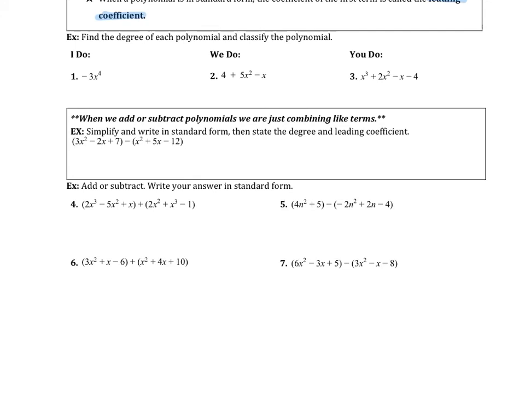Okay, so for these next 3 examples, we're going to find the degree of each polynomial and classify it. It doesn't say this, but we're also going to identify the leading coefficient and make sure that it's written in standard form. So number 1 is only one term, and that makes it a monomial. That monomial, since there's only one term, is obviously already in standard form.